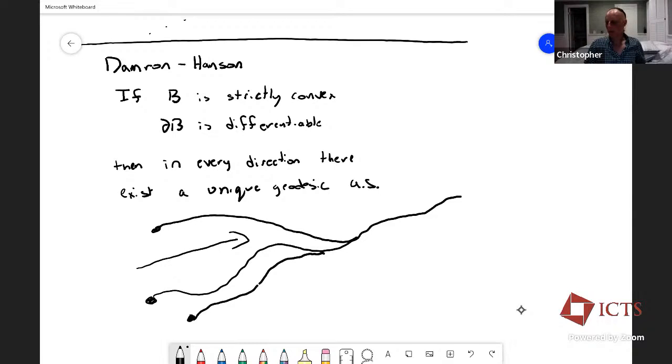And with probability 1, there will be this geodesic, and there won't be any other geodesics which have this asymptotic direction. But we don't know this for any distribution. In particular, we don't know it for the exponential distribution.